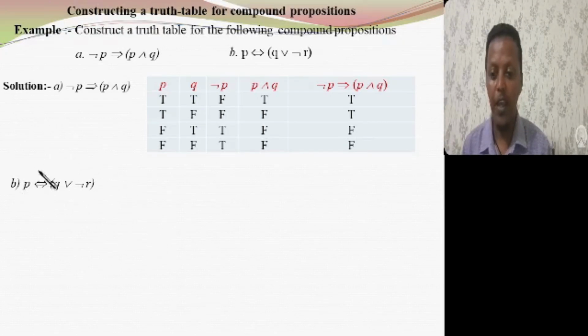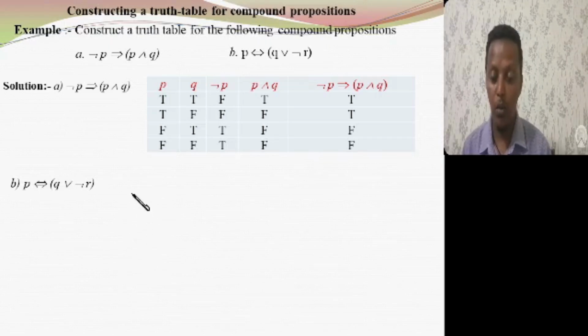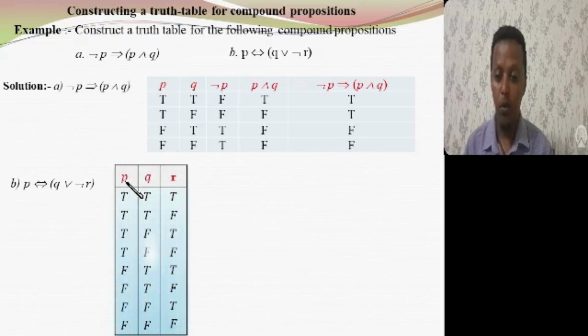So we first list the 8 logical possibilities, starting from P, Q, then R.